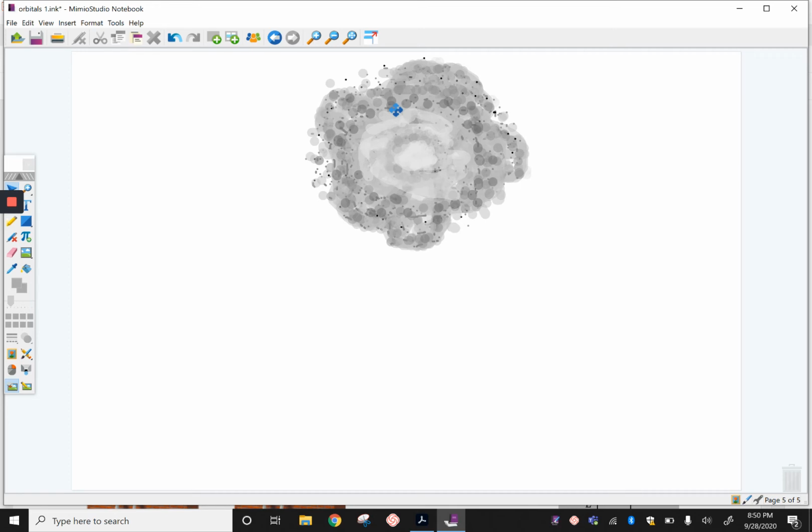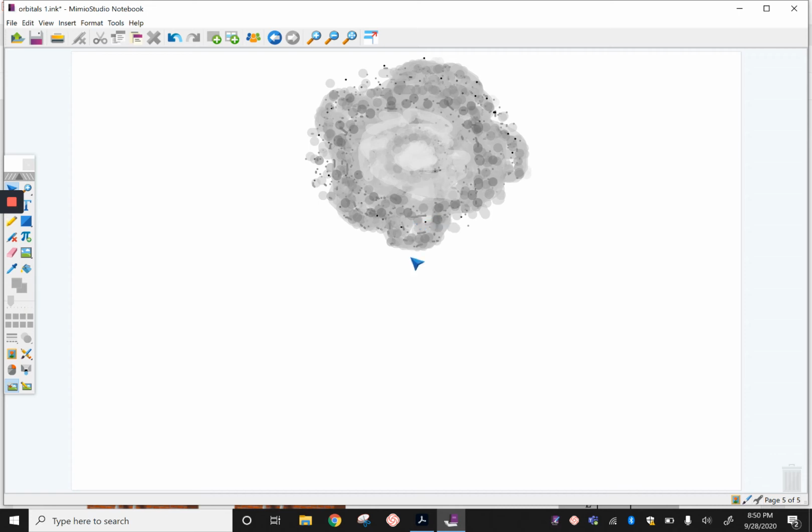That means that when you find a spot that's pretty dark, there's a high probability of finding an electron there. When you find a spot that is pretty light, like right there, that means there's a low probability of finding the electron there. So that's really all we can do, is graph these functions, and the functions are solving for the probability of finding the electron somewhere within the atom at some given time.